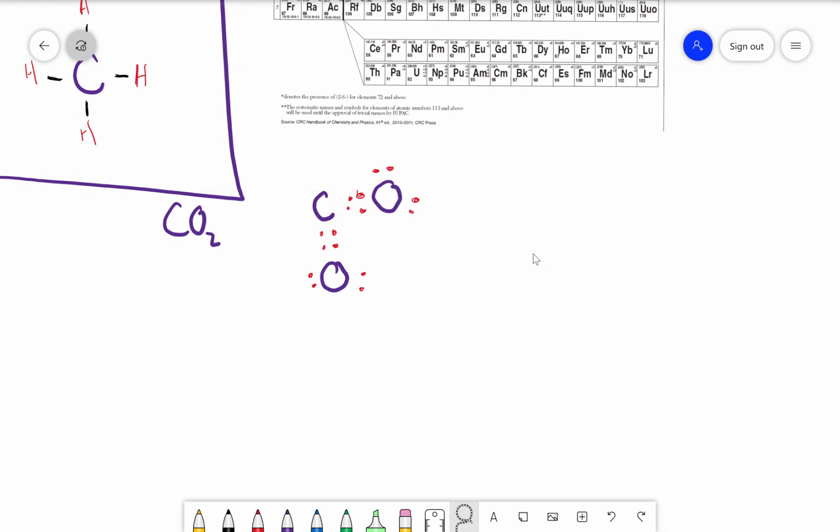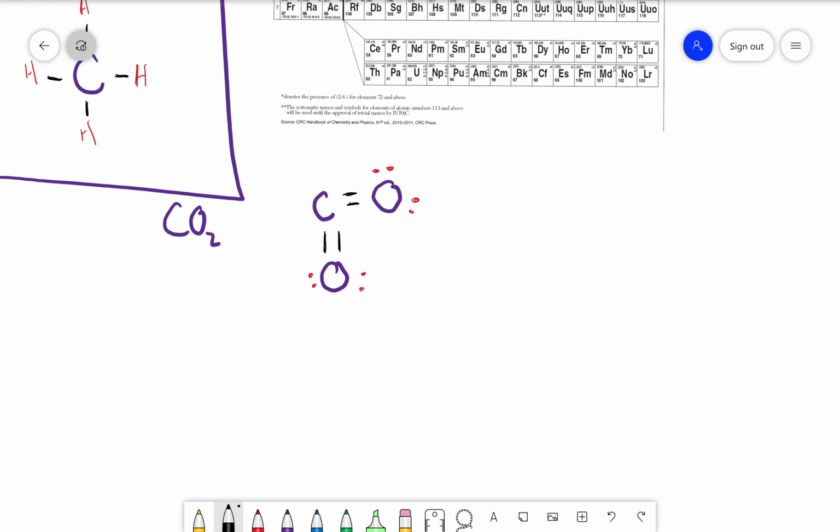Well, now this carbon has 8 electrons outside of it. It has 4 over here and 4 over here. Now remember, the lines represent 2 electrons. So let's draw 2 lines because we have 4 electrons. So 2 lines and 2 lines. And that's what your carbon dioxide molecule is going to look like.